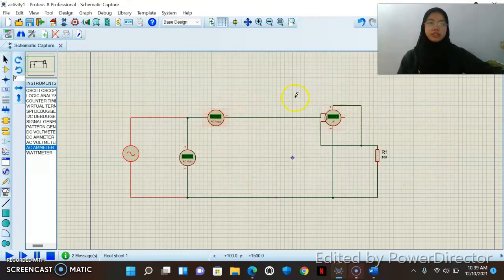All the others are the same as activity 1, so I will run it.